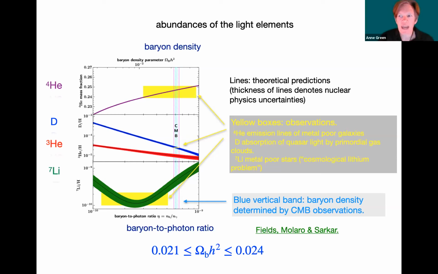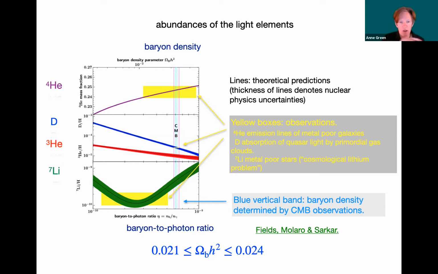So, okay, there are messy astronomical measurements going on here, but the bottom line is that what the astronomers can do is measure the primordial abundances of these light elements. So what they get to do is measure the quantity on the y-axis, i.e. the mass fraction of helium-4 or deuterium or lithium. And so the y width of the boxes is coming from the observations.